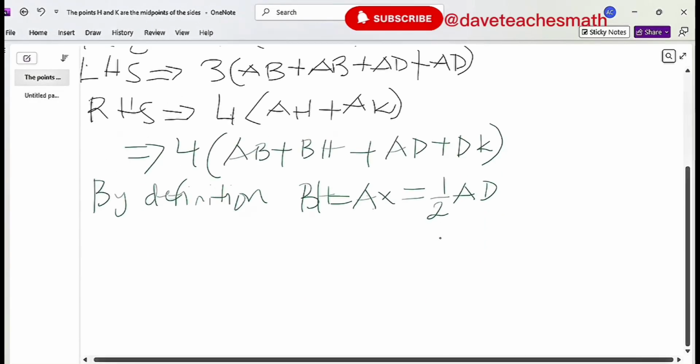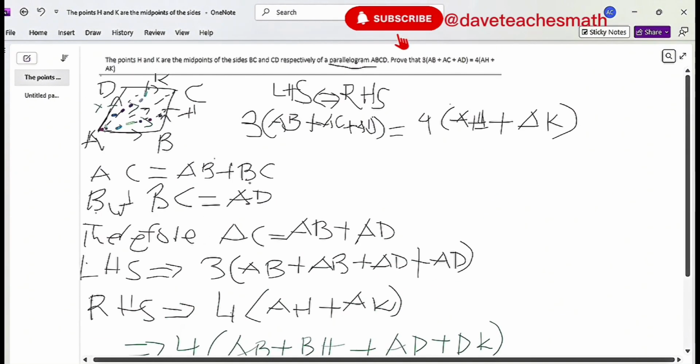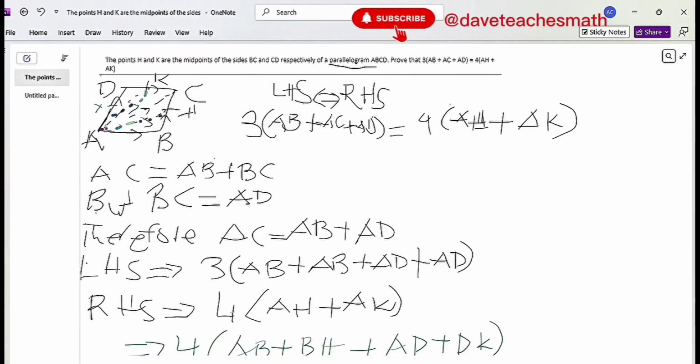Alright, so now what is DK? Let's look for DK. We have DK here. Again, K is the midpoint of DC. So we can also put a midpoint here and call this point Y. If we have point Y here, then AY is the same as DK. If DK is half of DC, then AY is half of AB.